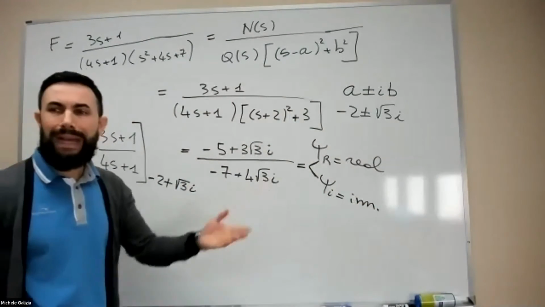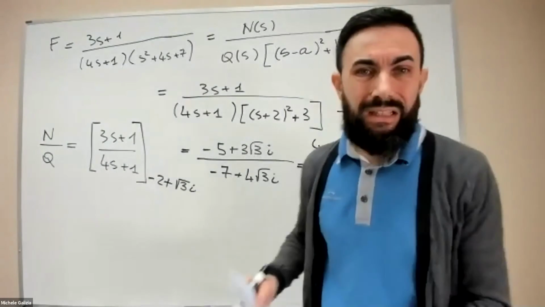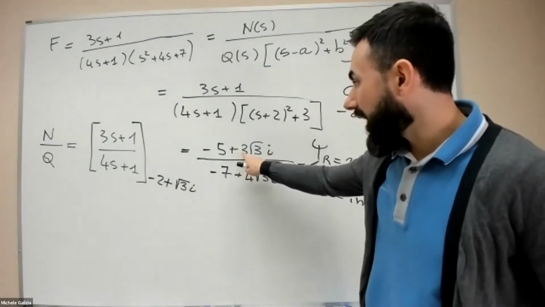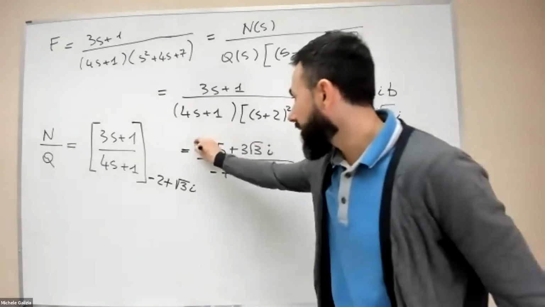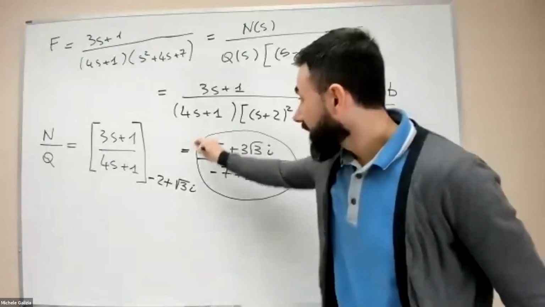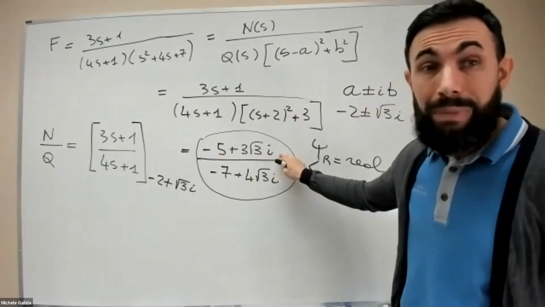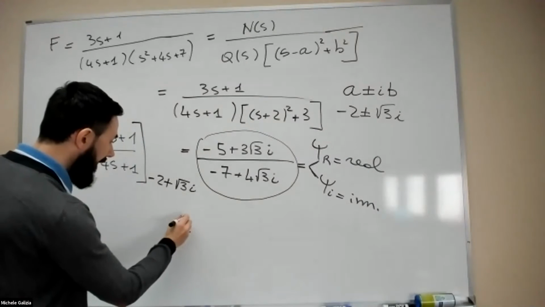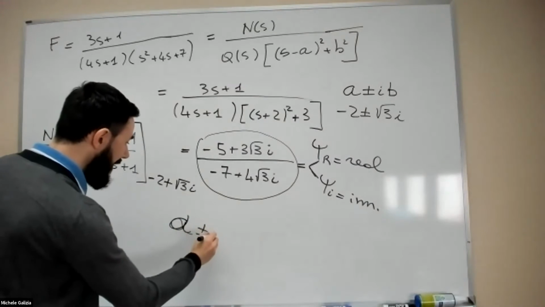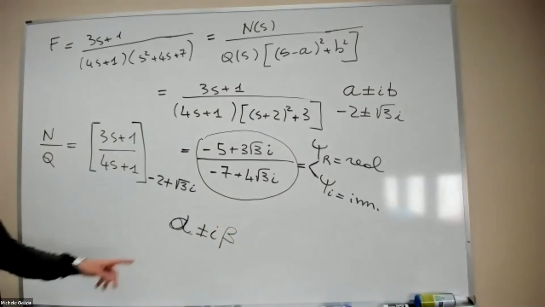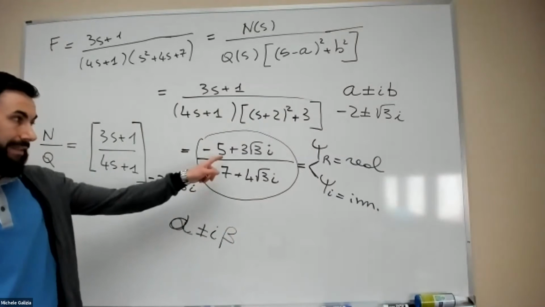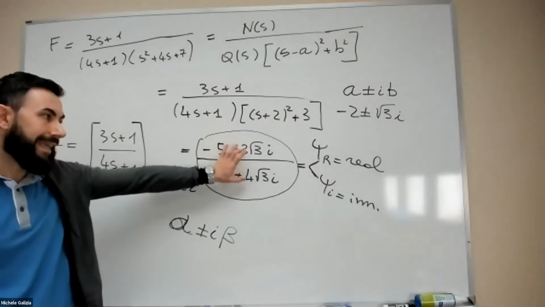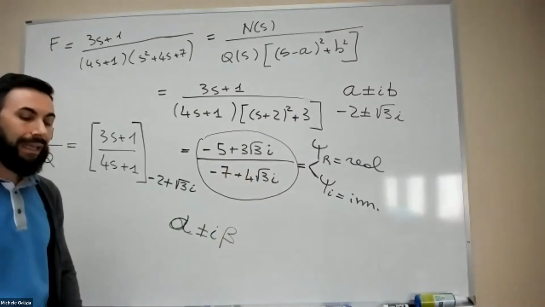But wait a moment. How can I pick the real part of this number and the imaginary part of this number? This is a complex number, but this is not written in the standard form. Alpha plus minus I beta is not written in the standard form. So I have to rewrite this equation in the standard form.